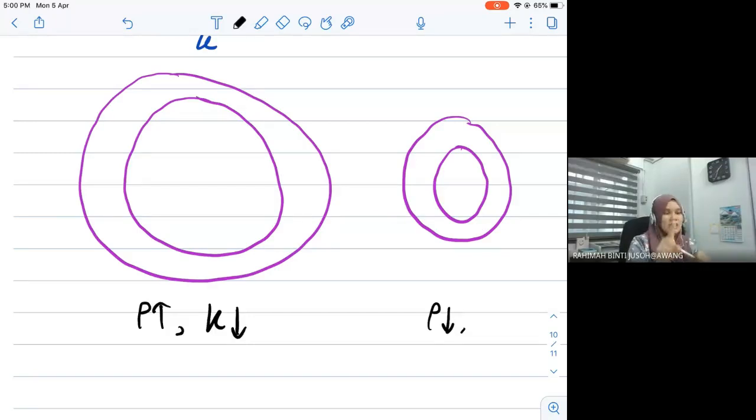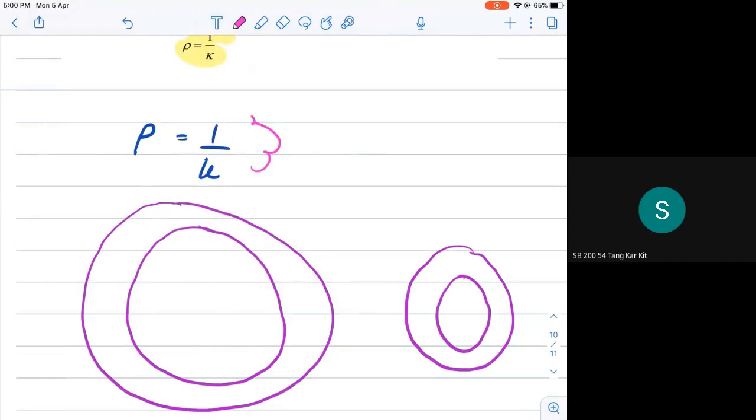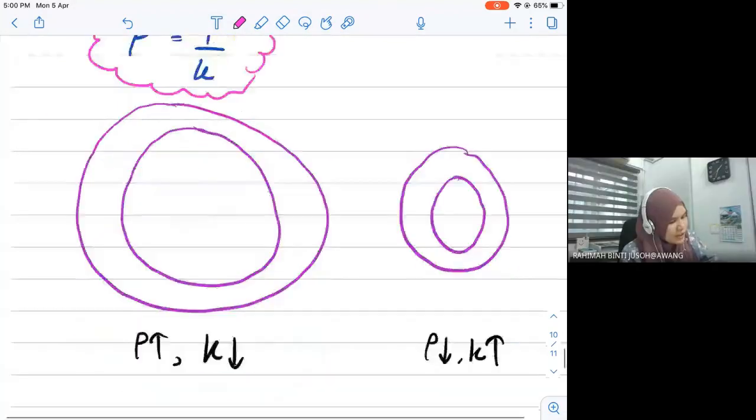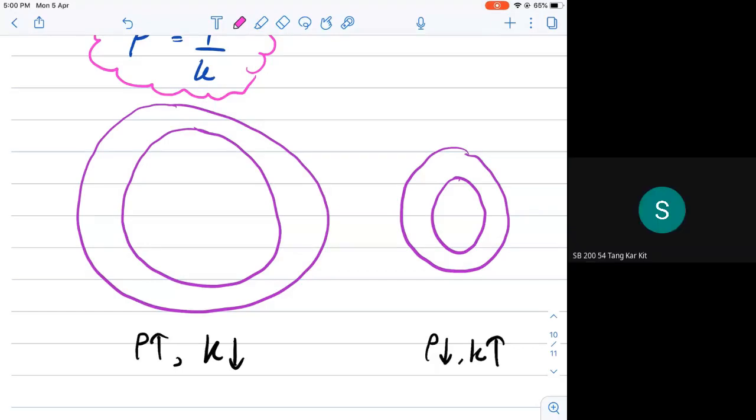Maksudnya kelengkungan dia tinggi, curvature dia high. So dia ada reverse relationship, dia berkadar songsang, sebab because of this formula. Understand the concept? Okay, good, well done.